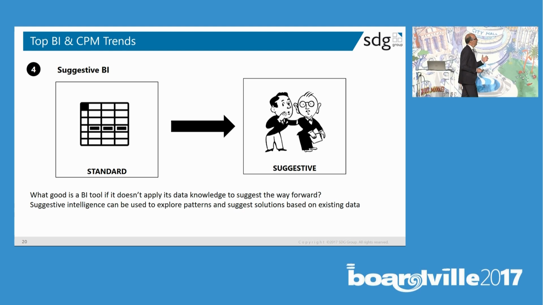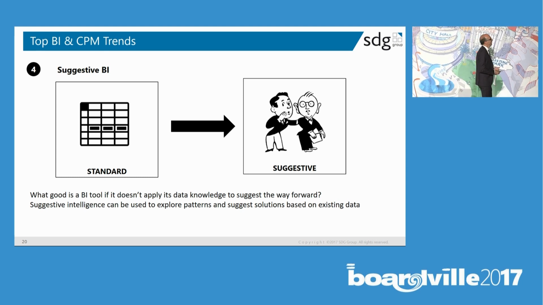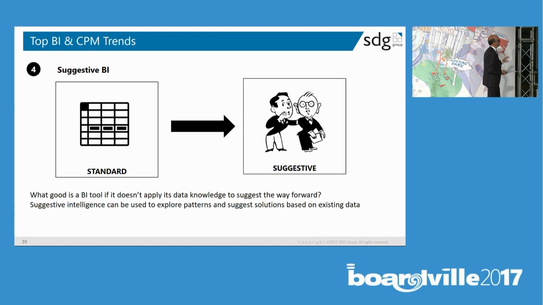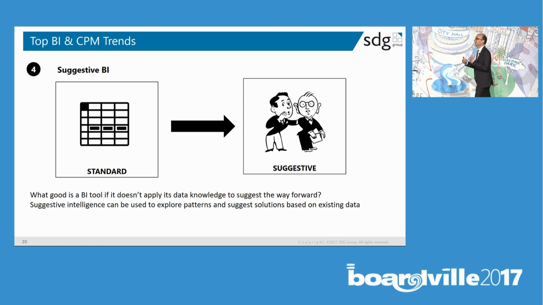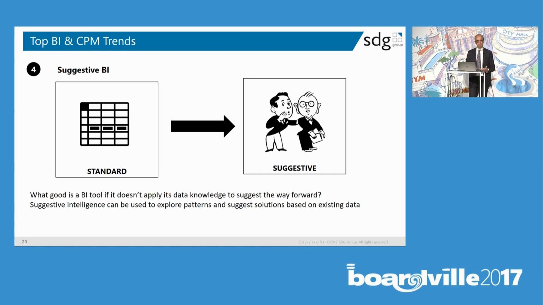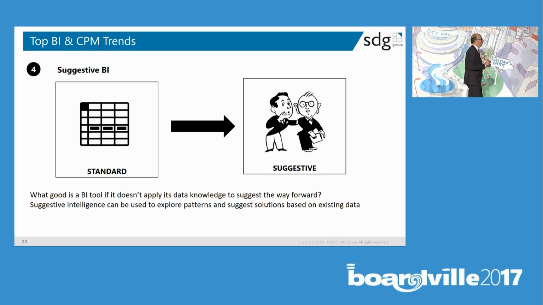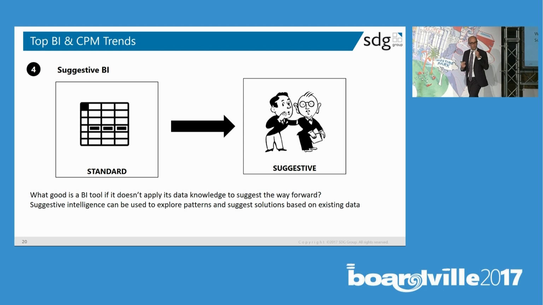Point number 4 is the suggestive BI. The colleagues from Board talked about this, I think, yesterday with the cognitive BI, that is a very important step into the suggestive. Think of when you search something in the Google bar, and the Google bar completes your phrase and proposes a search that sometimes is more clever than the one that you wanted to do.